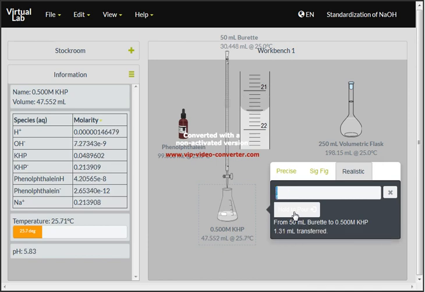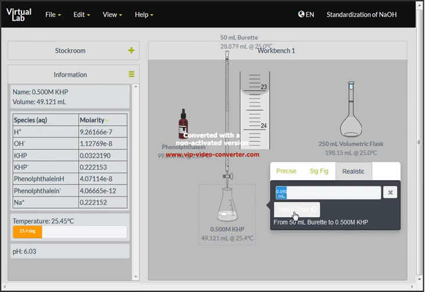As you add sodium hydroxide, you should start to add it slower and slower as you get closer to the endpoint. You will notice it was not exactly 25 milliliters, which is very consistent with in-lab titrations.